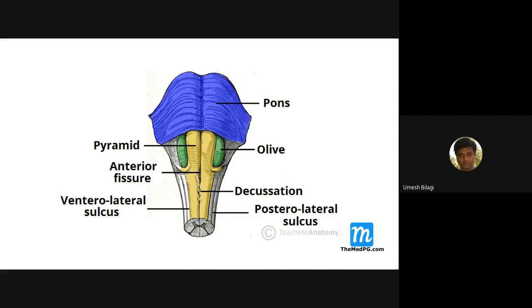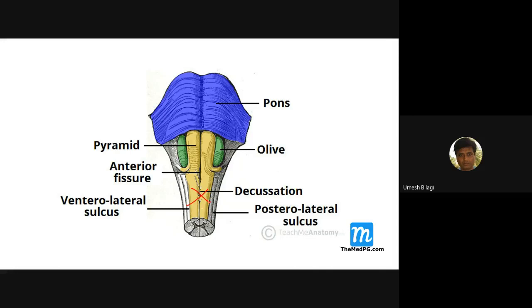Between the anterior medial fissure and the ventrolateral fissure, this part is the pyramid, with the corticospinal tracts. The pyramidal tracts come down here, and at the lower part of the medulla they decussate. That means right fibers go to the left and left fibers go to the right. The crossing happens here.